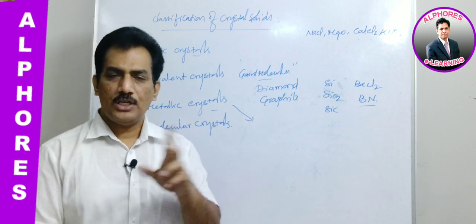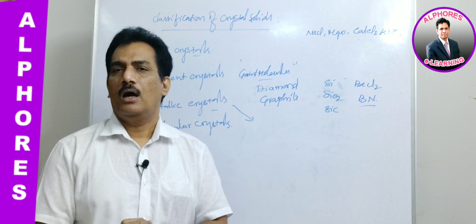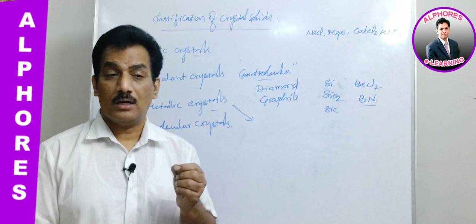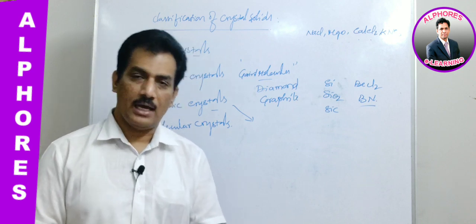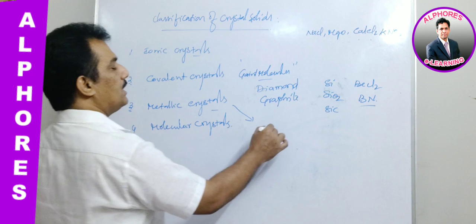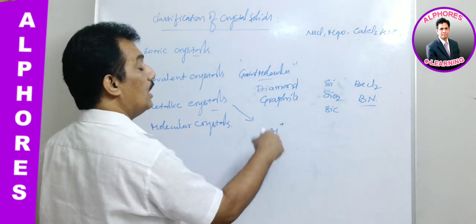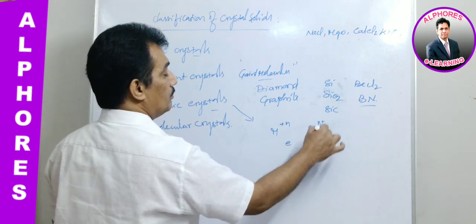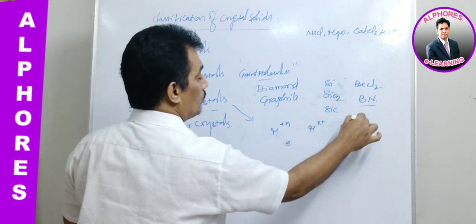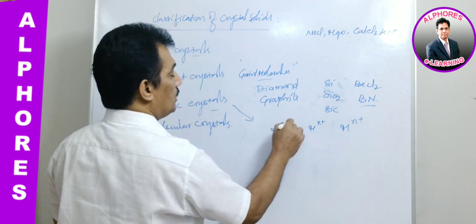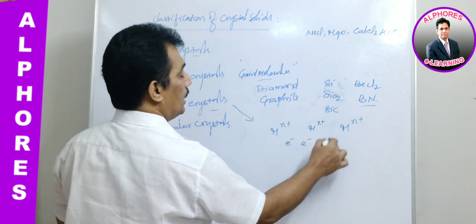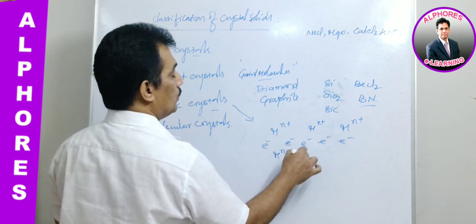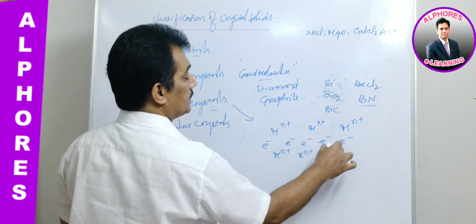Clear? Of them, the most successful theory is the metallic electron pool theory, or electron gas theory, or electron sea theory. As per this theory, all the metals release their outermost electrons, from different atoms of the metal, and all these electrons create one pool, an electron pool, and in this the metal ions bind together like this.